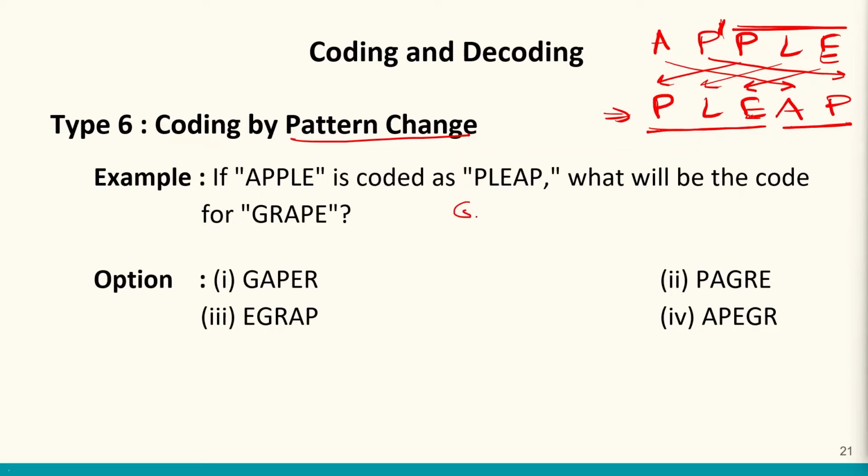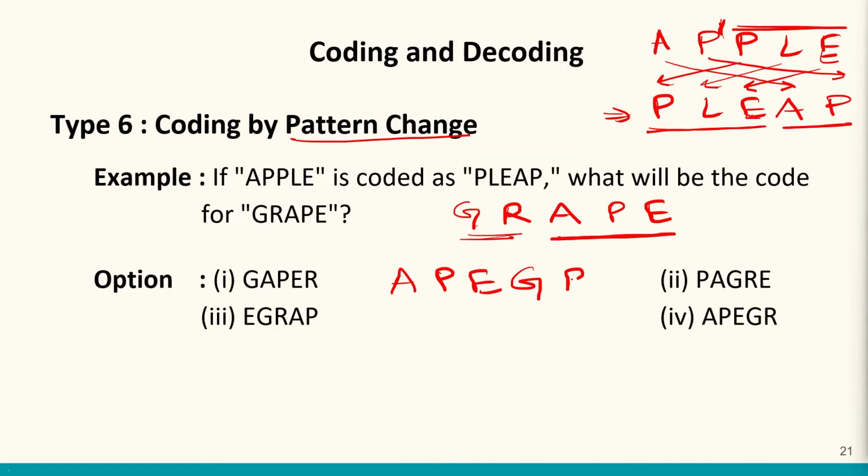So let us see if we can find a code for grape in the similar pattern. The last three letters will be APE. So A, P and E will be written first and the first two letters, G and R, will be written later on. So our code will be APEGR. Do we have an option? Yes, we do have an option for APEGR, which will be the coding of this particular word.